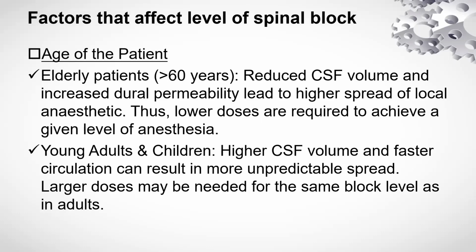Age is another factor that affects the level of block. Elderly patients have reduced CSF volume and increased dural permeability, leading to higher spread of the local anesthetic agent. So for elderly patients, you want to use lower doses. Young adults and children have higher CSF volume and faster circulation, which can result in an unpredictable spread.